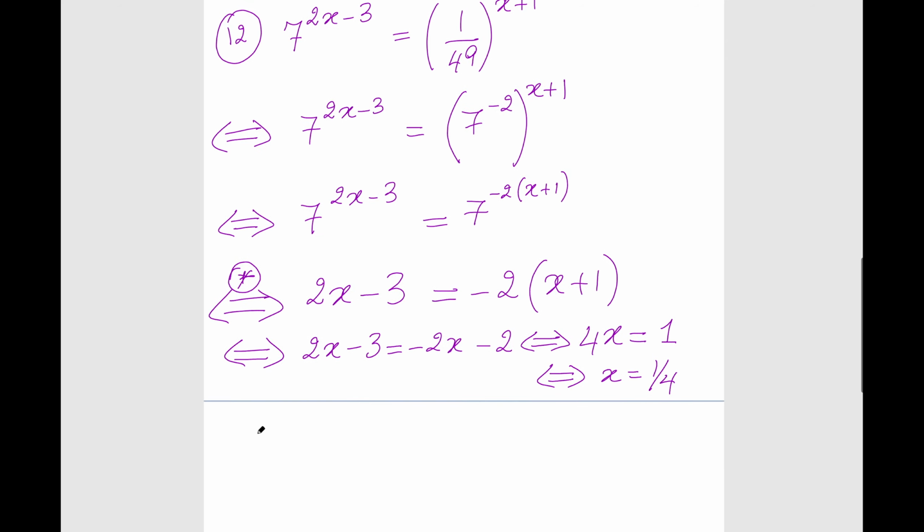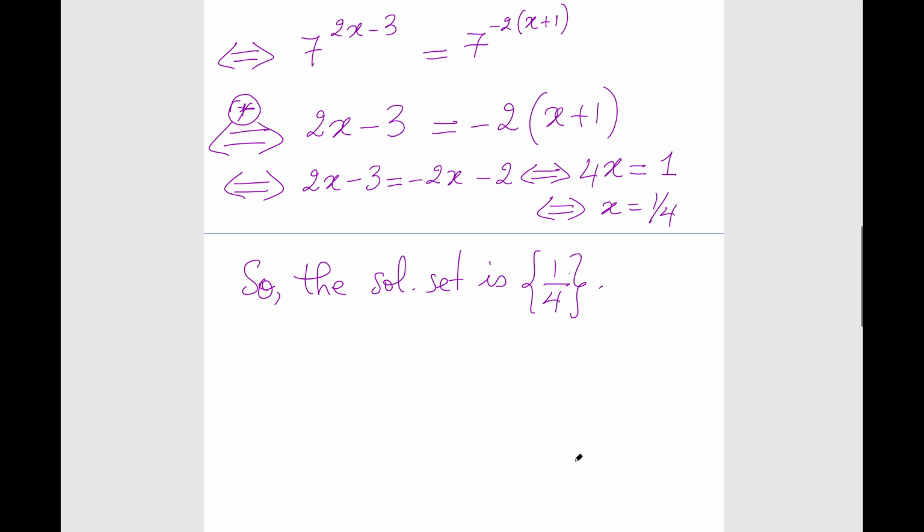So what's the solution set? The solution set is simply the set consisting of all the solutions. What are the solutions in this case? Just one, 1/4. So in this case, the solution set is simply a singleton.